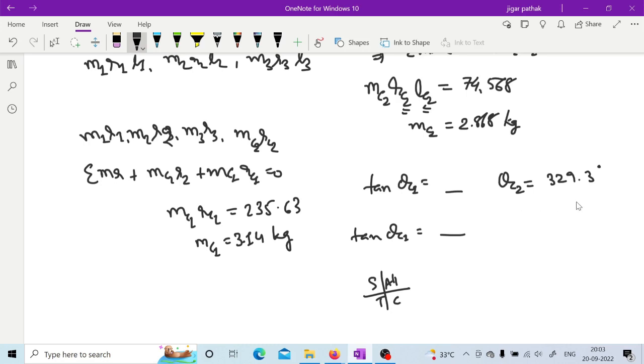So this theta C2 is lying in the fourth quadrant. Similarly, theta C1 is lying in the third quadrant, because both of them are coming negative, right?